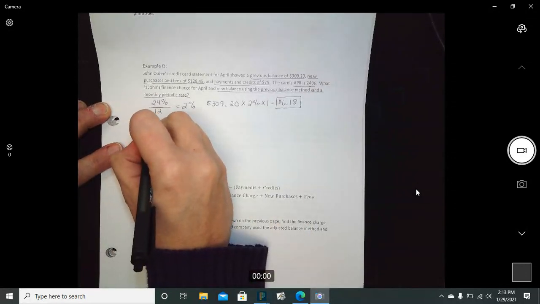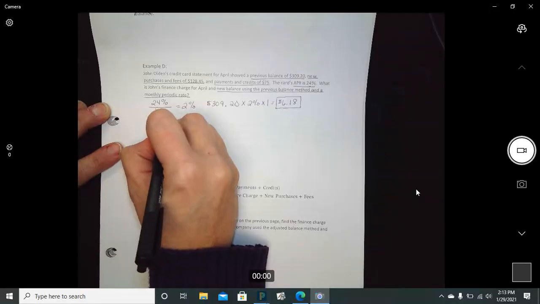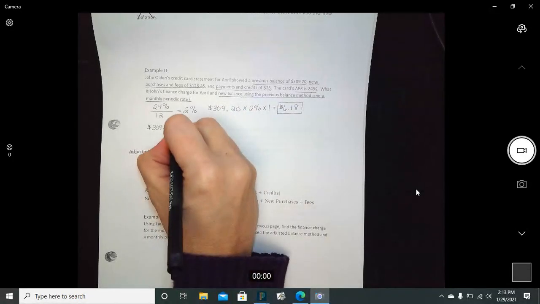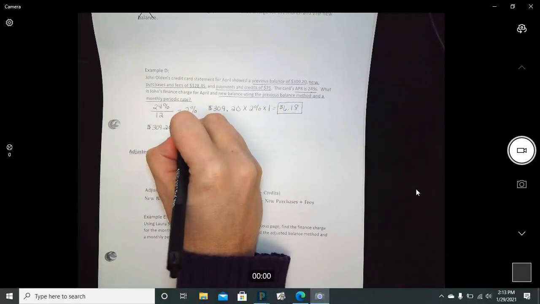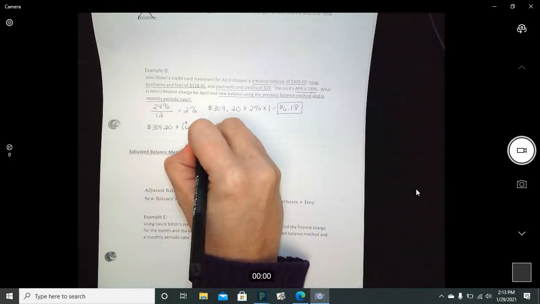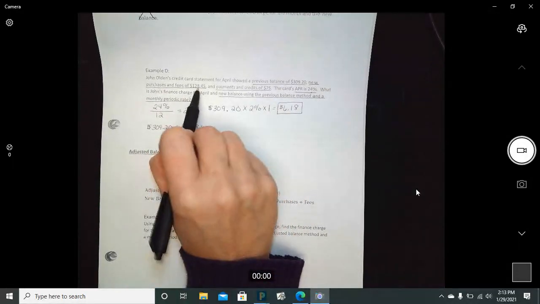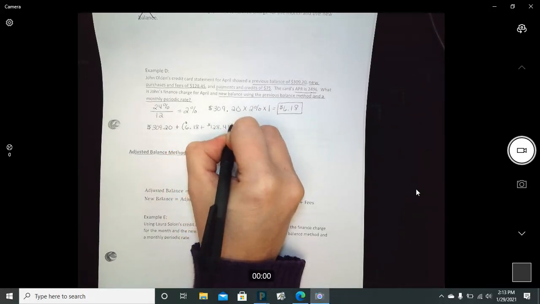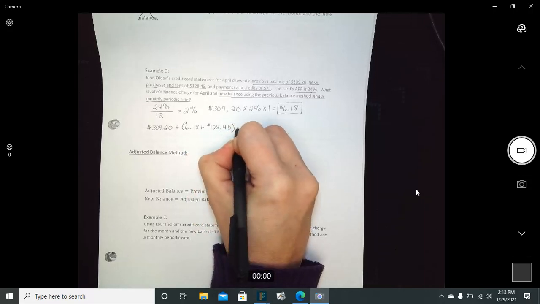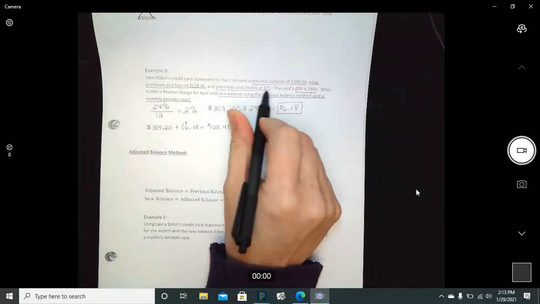The new balance. Okay, well, I'm starting with the $309.20. And if you look back to the page before, it's previous balance plus my finance charge of $6.18, which I just found, plus any new purchases and fees, which I have $128.45, minus any payments or credits.